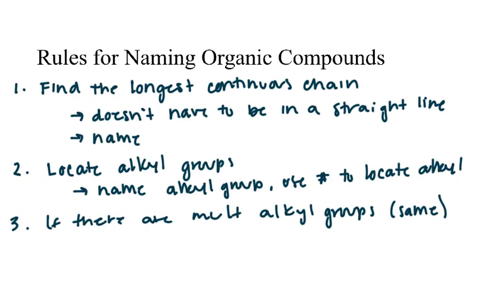Going back to our naming, those prefixes are di, tri, and so on. So if there are multiple alkyl groups, we're going to use a prefix in front of the alkyl group.